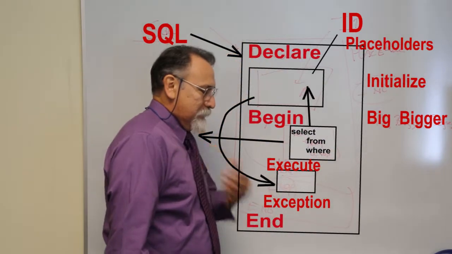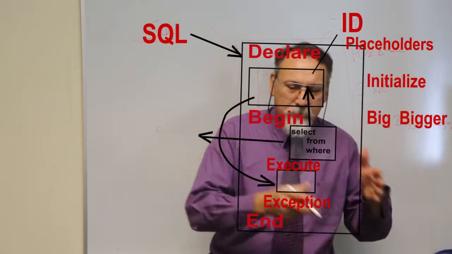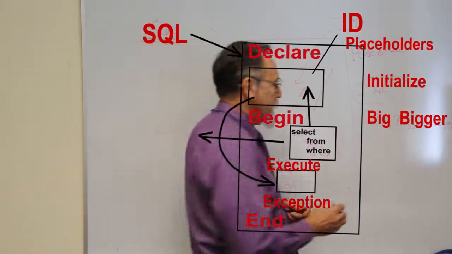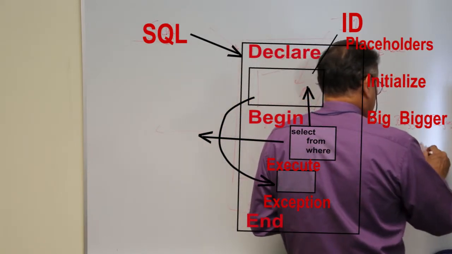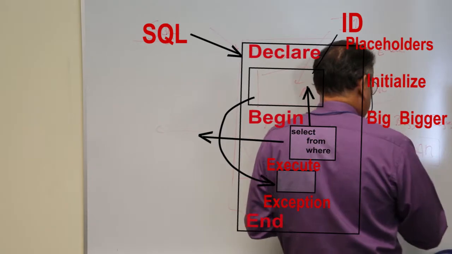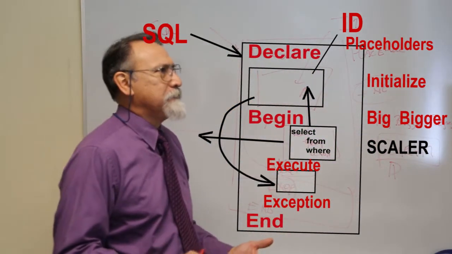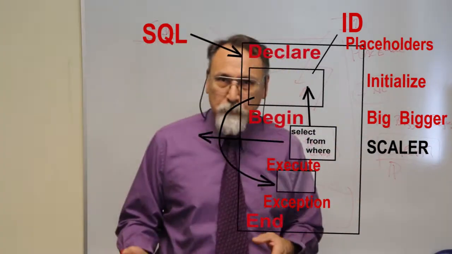Now, there are precision in numbers and there are precision in words. So there's a process called scalar. Scalar is the term that is used to define the type of placeholder you're going to use.